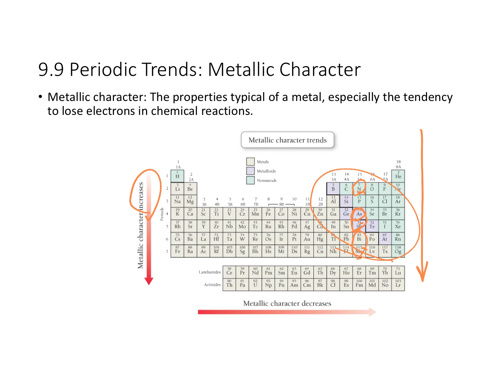And then when we go left to right, metallic character decreases. You see here we have metals, then metalloids, and then nonmetals. So left to right in the periodic table, metallic character decreases. Questions? Are we good? Everything's crystal clear?